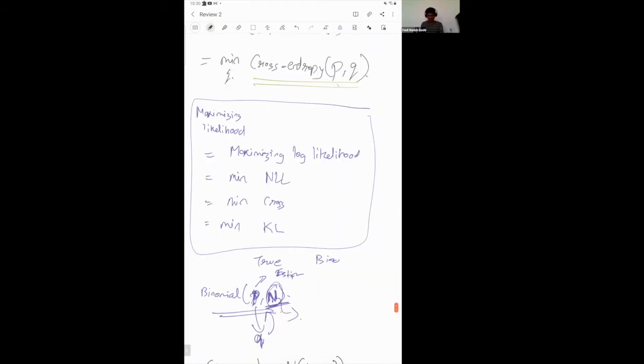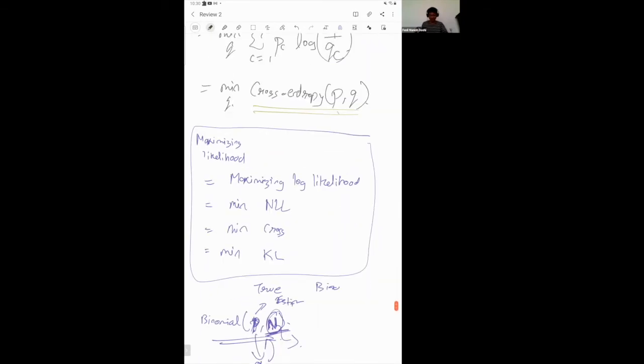And this comes up a lot. So I hope you are clear with all of these quantities: likelihood, log likelihood, negative log likelihood, cross entropy, and KL divergence.